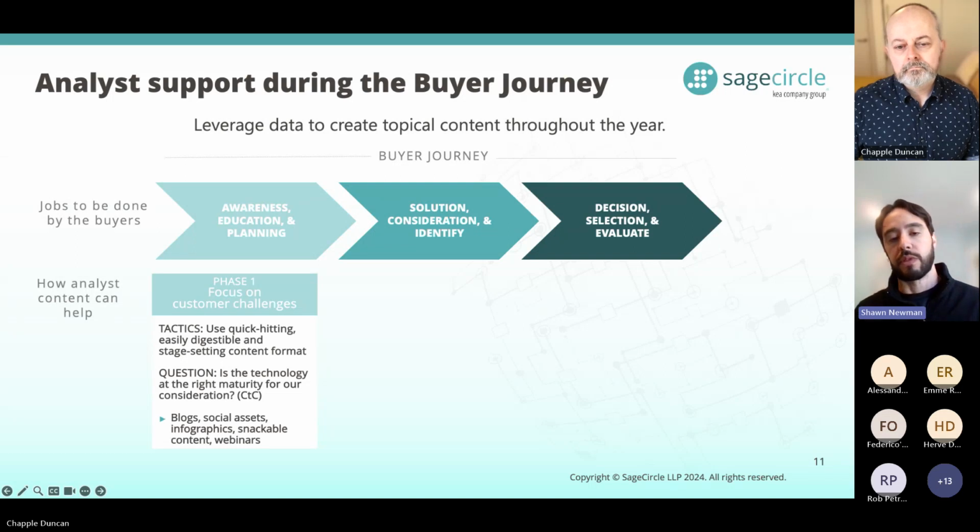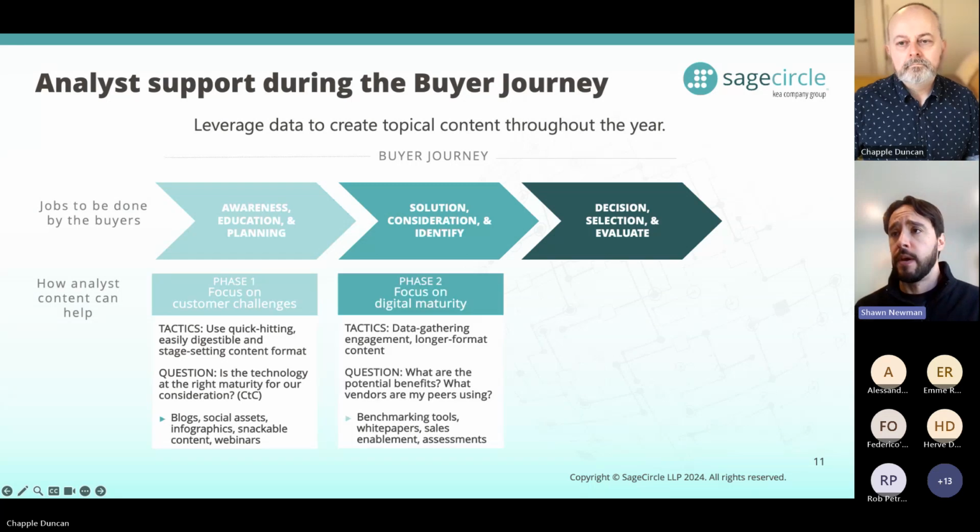And it's really helping them move to that next stage so that you can help answer, is the technology at the right maturity for our consideration? Like, should we be thinking about this type of technology and why? Why should I be thinking about this? And if you're in marketing and you've read the book or listened to the audiobook on Crossing the Chasm, I think that's where you start to think about crossing the chasm, right?